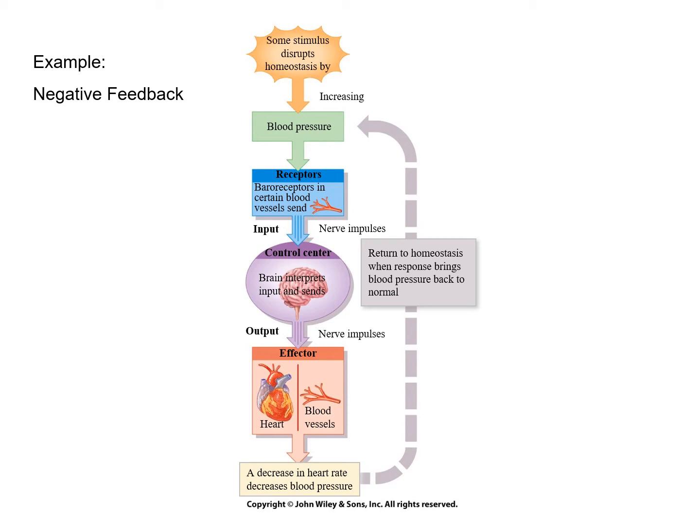In this example, the effectors are the heart and our blood vessels. Our brain is going to tell our heart to beat more slowly and our blood vessels to dilate. Both of those things will counteract that increasing blood pressure and cause the blood pressure to drop. That's an example of negative feedback.